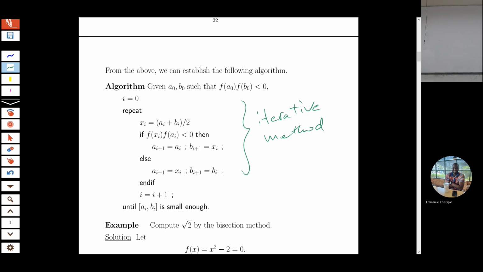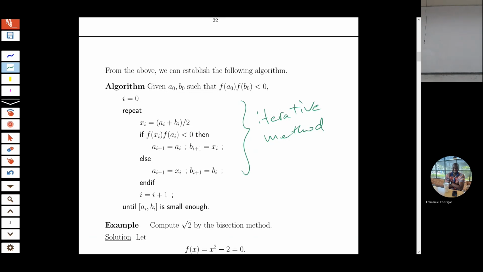And here you see, what is the role of I? When we do an iterative method, sometimes the algorithm does not converge to the solution, and it cannot terminate.